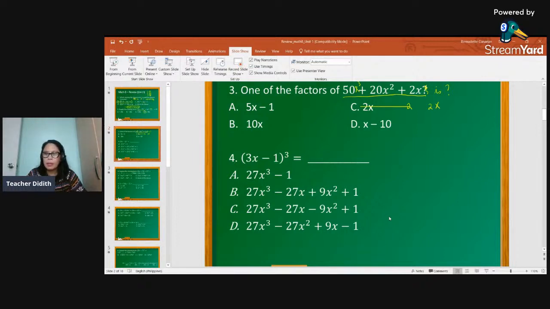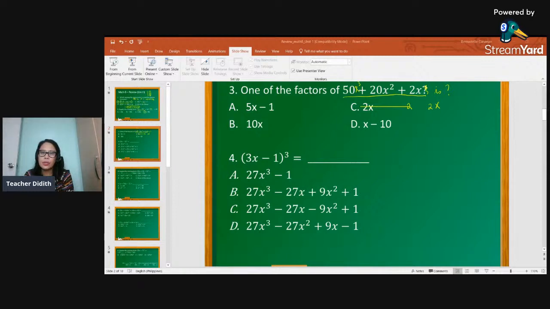Okay, sige. Mag-stop present ako. Pero yung annotation ko hindi niyo nakikita 'no? Sige.